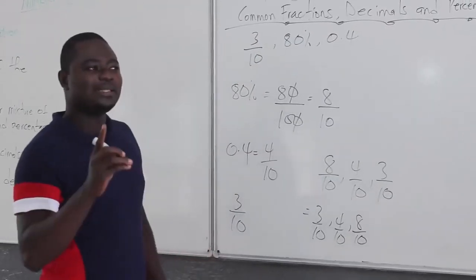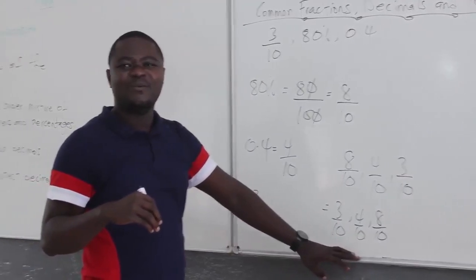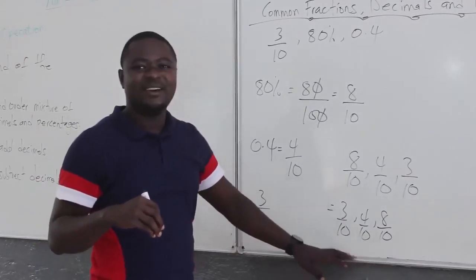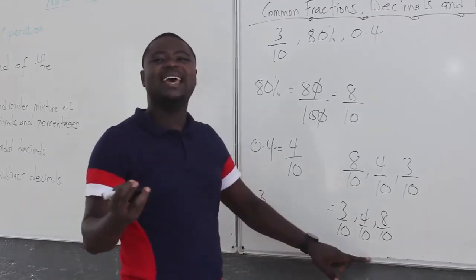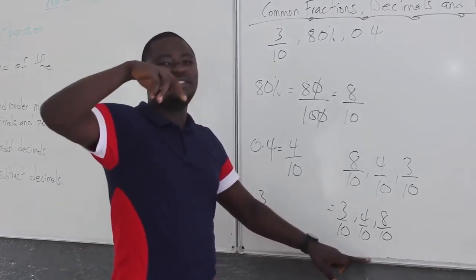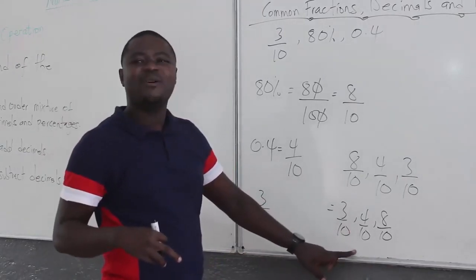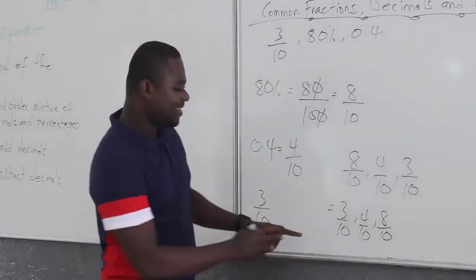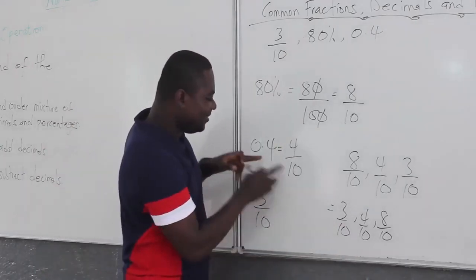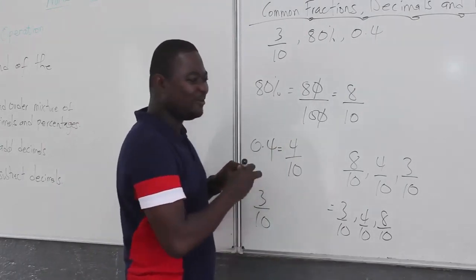But please take note, in the question we didn't have all of these as fractions. Remember, there was a mixture. So we are now going to write them in their first form. 4/10, what form was it in the question? 4/10 was 0.4.